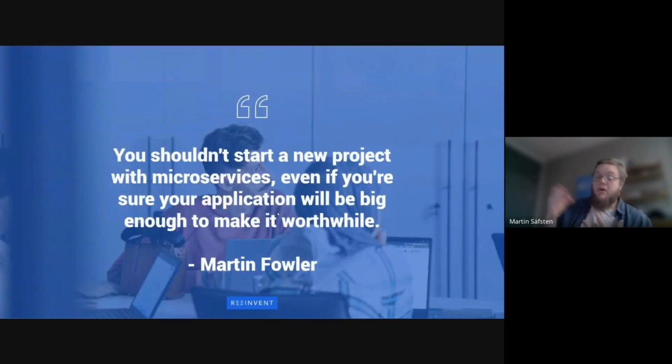I mentioned Martin Fowler, and he is one of my heroes in this domain. And his thesis is that you shouldn't start with microservices. It's a lot to just do microservices, so you don't do it from the start. The monolith first movement is basically you build a nice clean product in a monolith first.